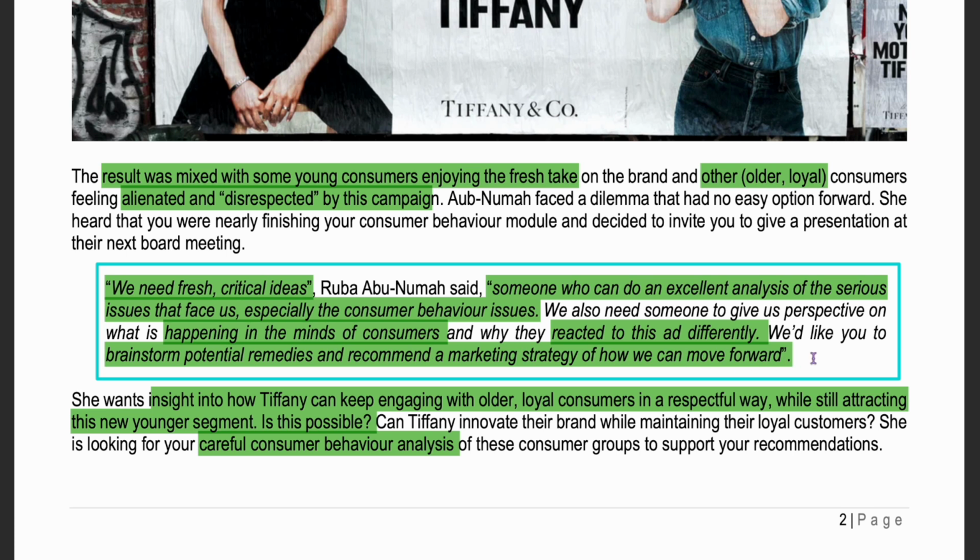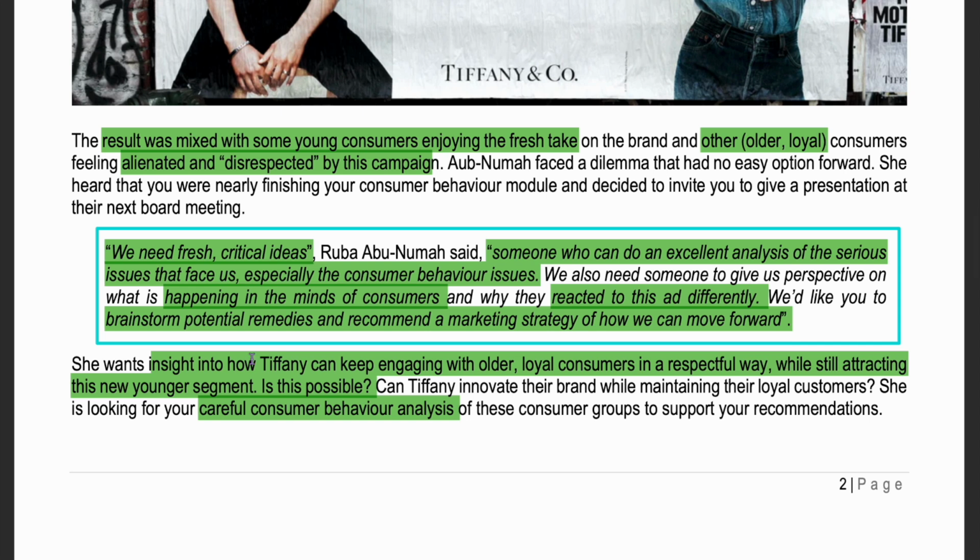The first time I read this, it was a lot of information, so I had to read it a couple of times to understand what actually needed to be done. Basically, she wanted to understand the consumer behavior reasons that people are reacting differently. They wanted to brainstorm some ideas and recommend a marketing strategy on what can be done differently to move forward, and a campaign in general.